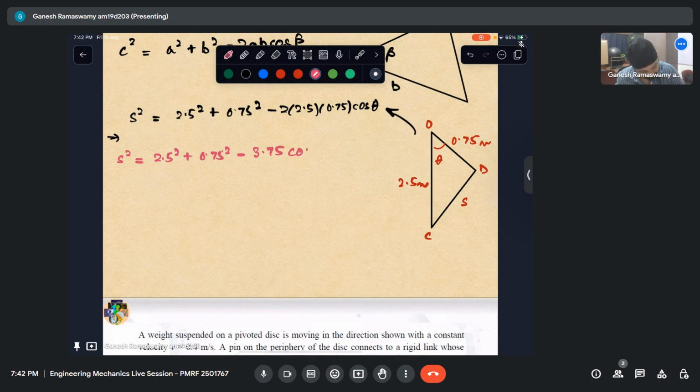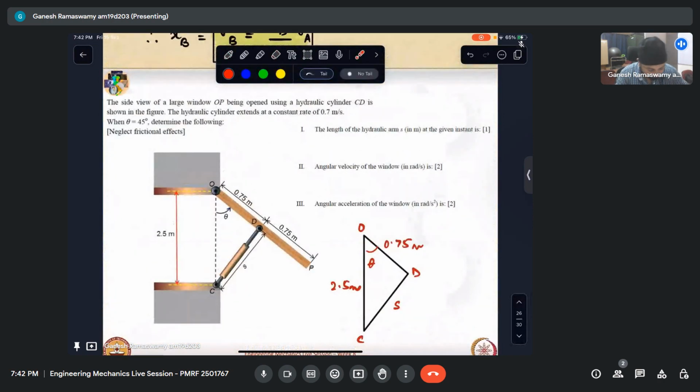Now let us look at what has been asked: the length of the hydraulic arm S in meters at the given instant. When is the given instant? When theta is equal to 45 degrees. When this angle is 45, we have been asked what is the measure of S in meters.